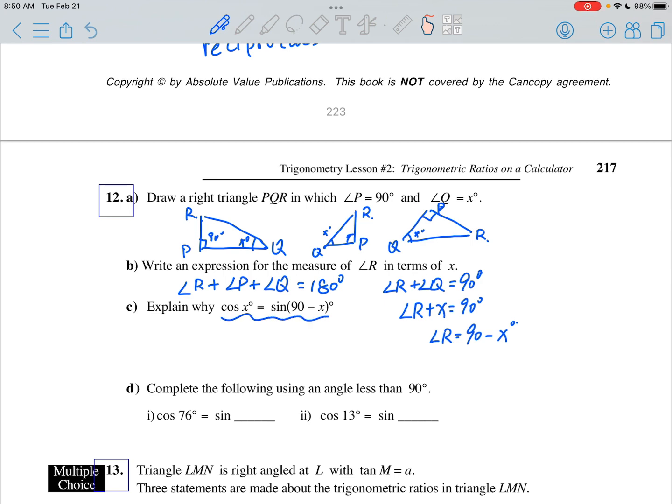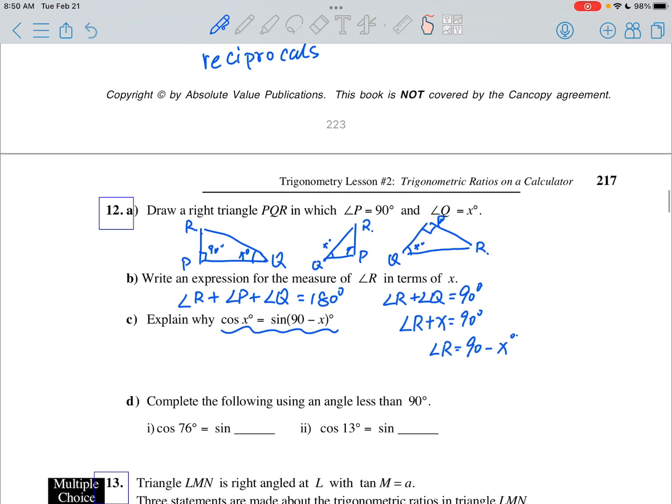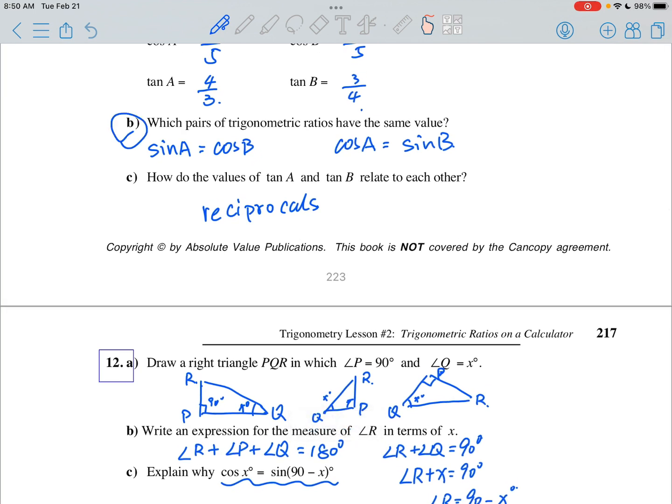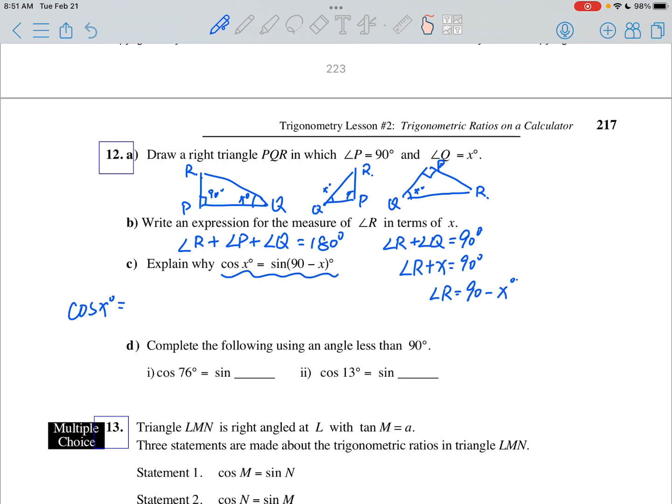Explain why cosine X equals sine of 90 minus X. If you remember problem 11 part B, we found that cosine X equals PQ divided by RQ, right?